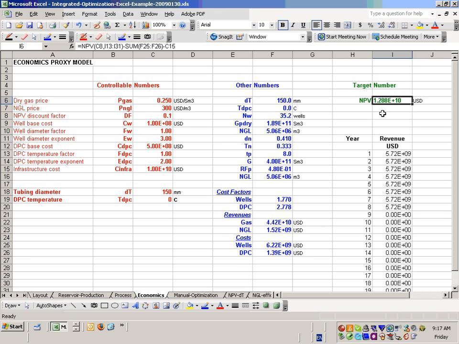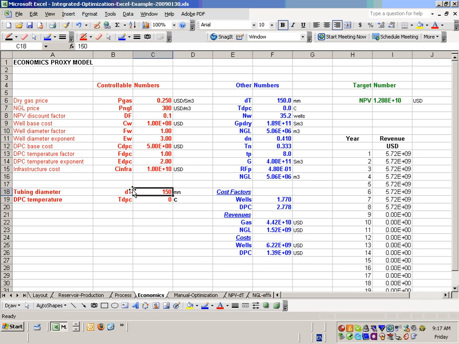But we know how much we're selling to the Germans because that's this percentage of the initial gas in place. So we know the total volume being sold per day. And we now know the well rate volume per day, so we can calculate the number of wells. Right? The number of wells affects the cost because each well costs so much money. So that translates into a change in the cost, this tubing diameter.